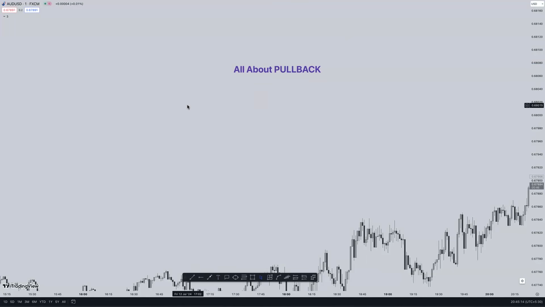Marking a pullback comes from the candlestick formation, because the market creates bullish and bearish candlesticks. Sometimes the market creates higher highs, takes out the previous candle, and then goes up. Sometimes the market takes a deeper pullback and then goes up. This is the process when you see market momentum bullish and bearish.